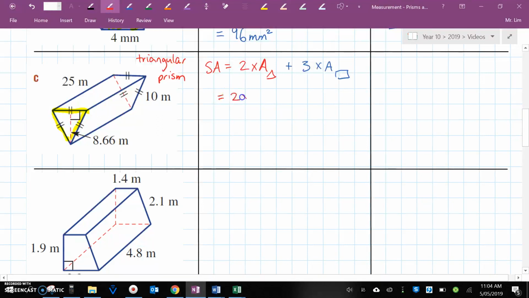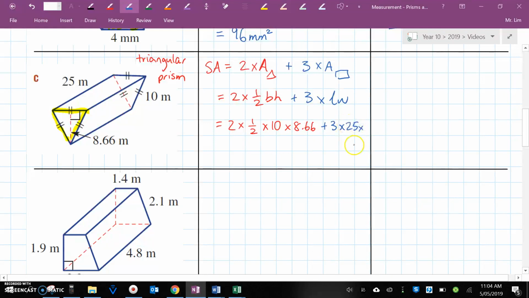So that gives us 2 times half times base times height, plus 3 times length times width. That gives us 2 times half times the base of the triangle is 10. The height is 8.66. The length of the rectangle is 25.